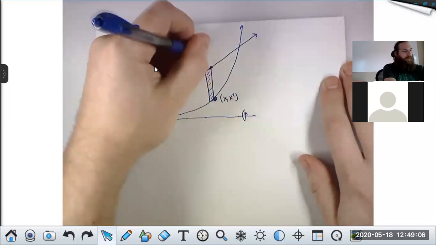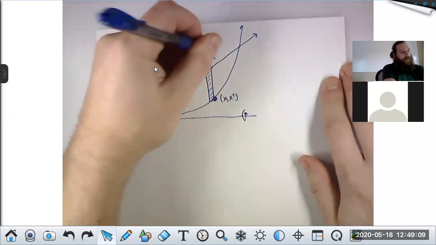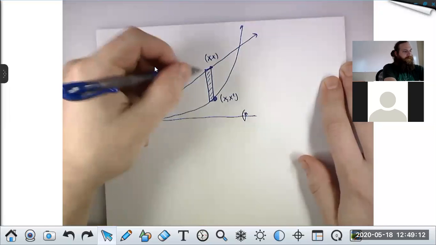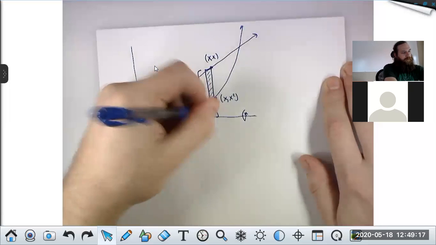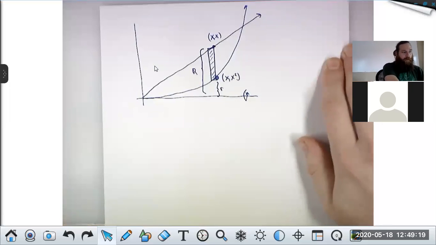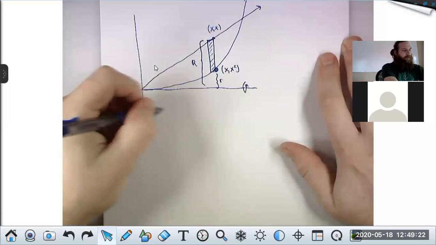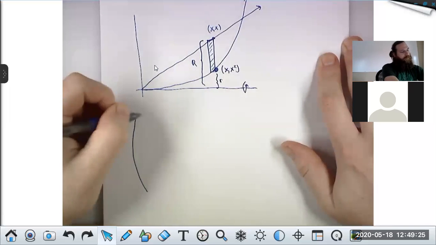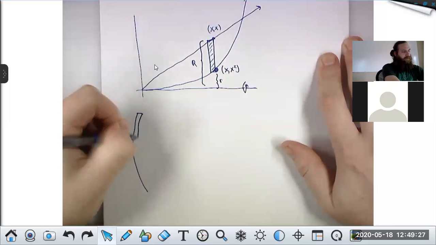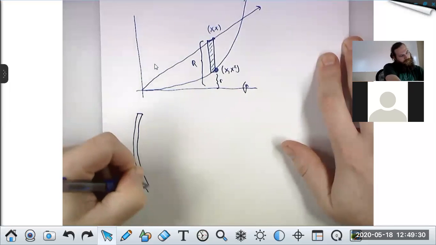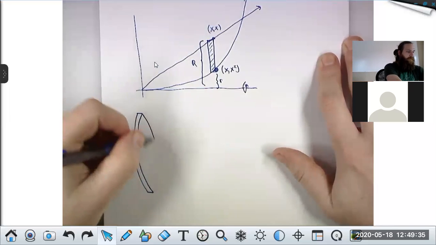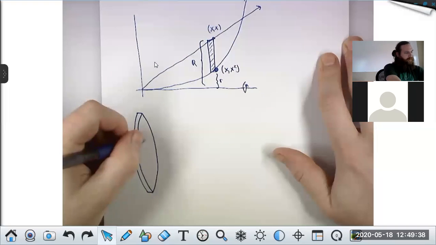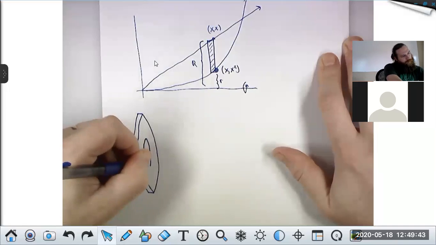And the point up here along y equals x is x comma x. This is my big R, and this is my little r. When I rotate just that strip, I get my differential solid looking like this, with that hole in it.